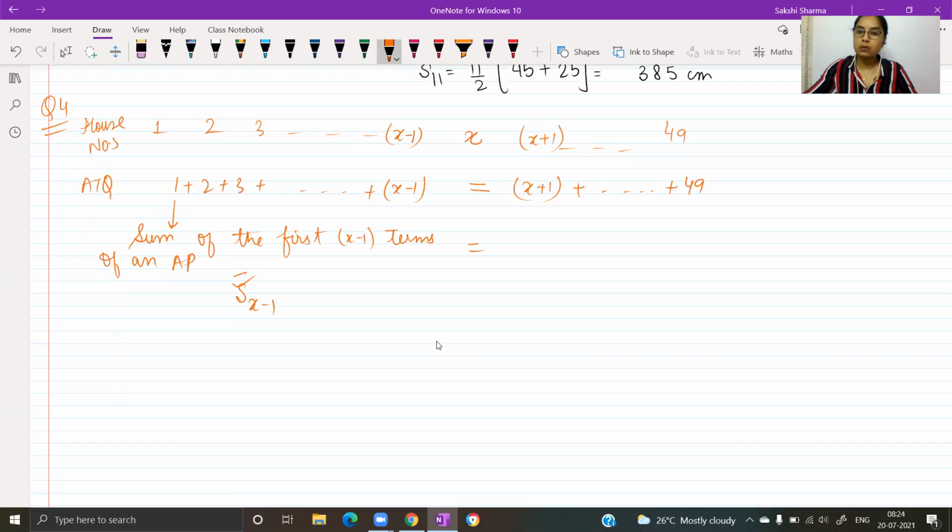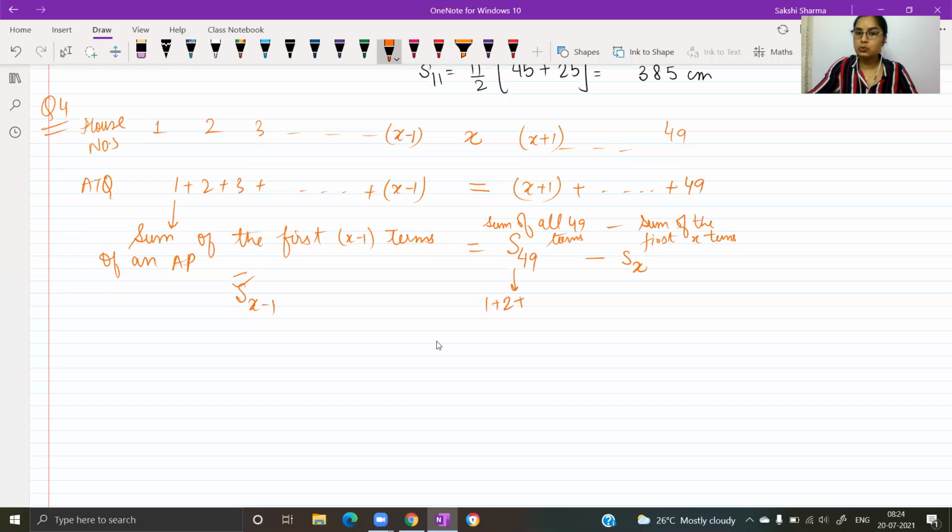What can we do to find the sum of these values? From the total sum of all 49 terms, we subtract the previous ones, the ones which are not mentioned in this list, the sum of the first x terms, that will be Sx.